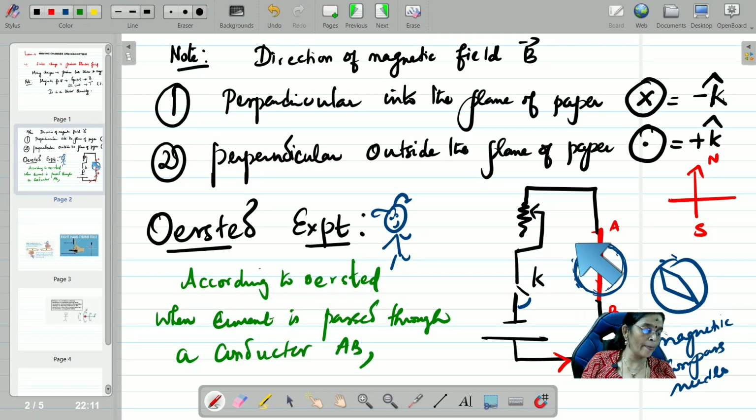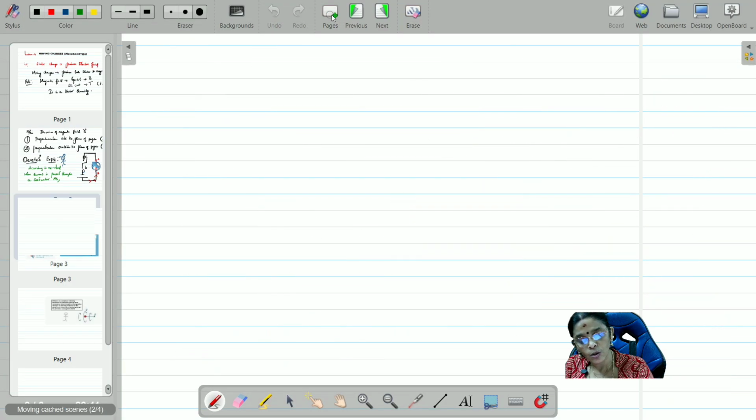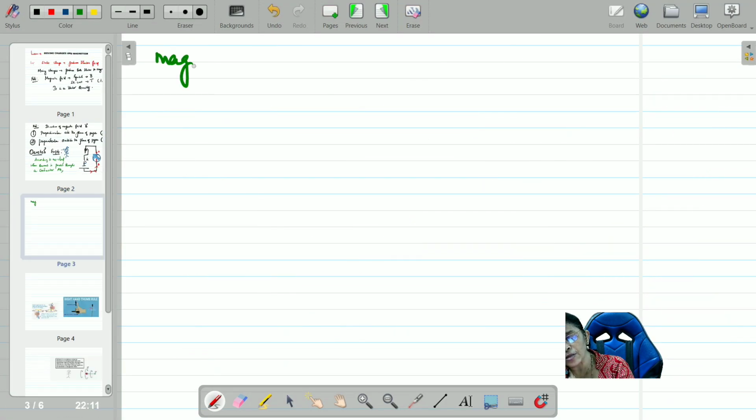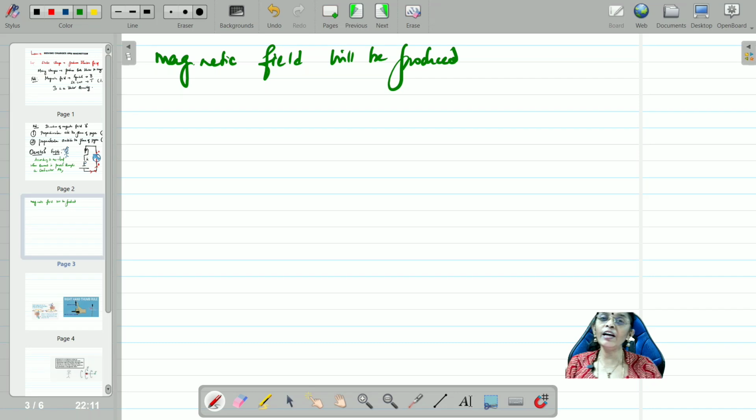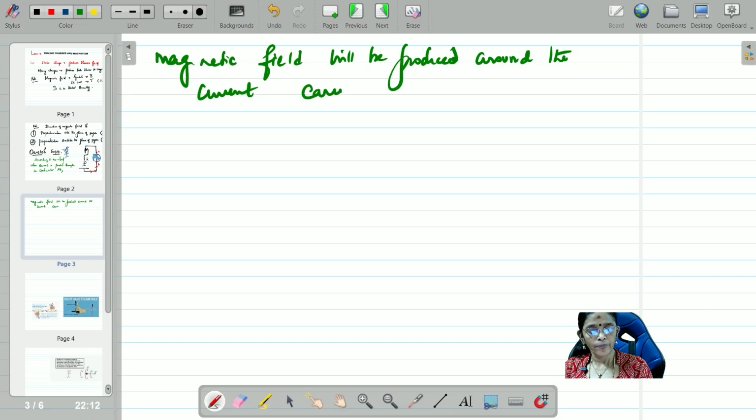Magnetic field will be produced around the current carrying conductor. Produced where? Around, not along, the current carrying conductor. So that is the conclusion.